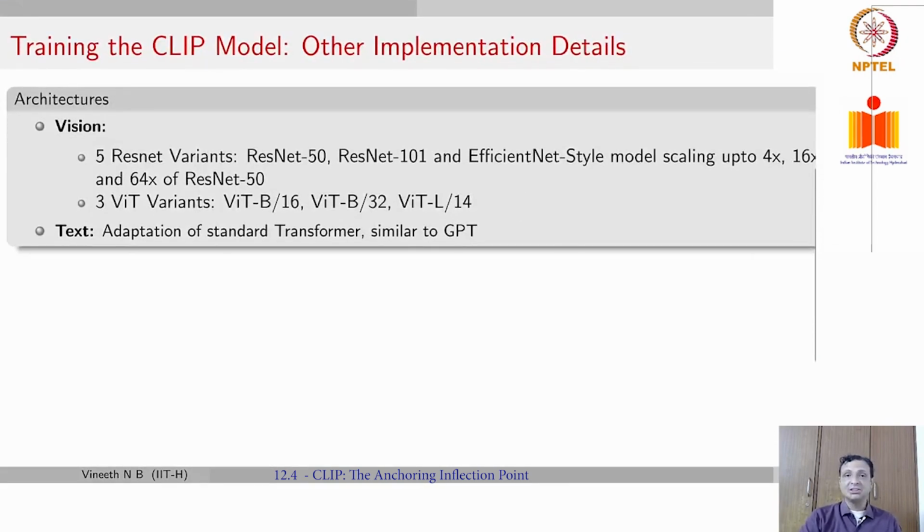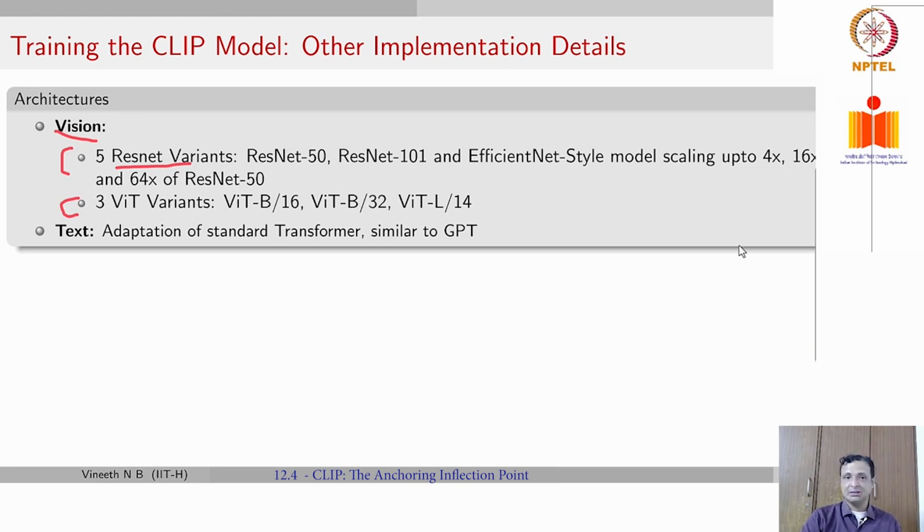What were the other design considerations that they had while training their model? For the vision encoder, they tried two lines of models, the ResNet line of models and the ViT, or Vision Transformer, line of models. In the ResNet variants, they used ResNet 50, ResNet 101, and EfficientNet-style models, where they scaled up to 4x, 16x and 64x of ResNet 50.